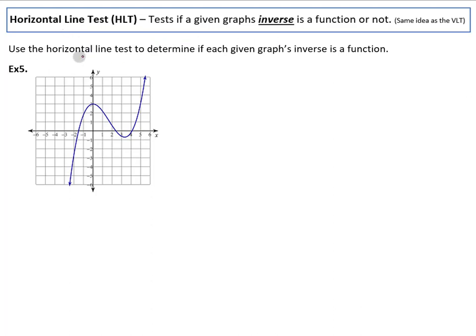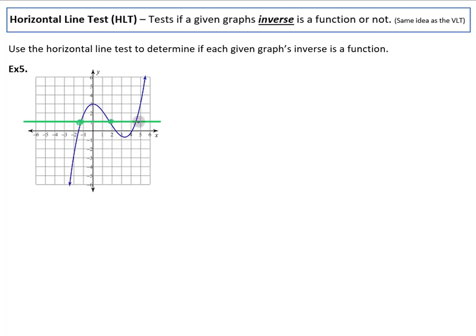Okay, so let's do an example. Use the horizontal line test to determine if each graph's inverse is a function. So here's our given graph. Will its inverse be a function? Let's say again, I want to draw a horizontal line, any possibly drawn horizontal line. So if I pick here, hopefully we can see right away, absolutely not.